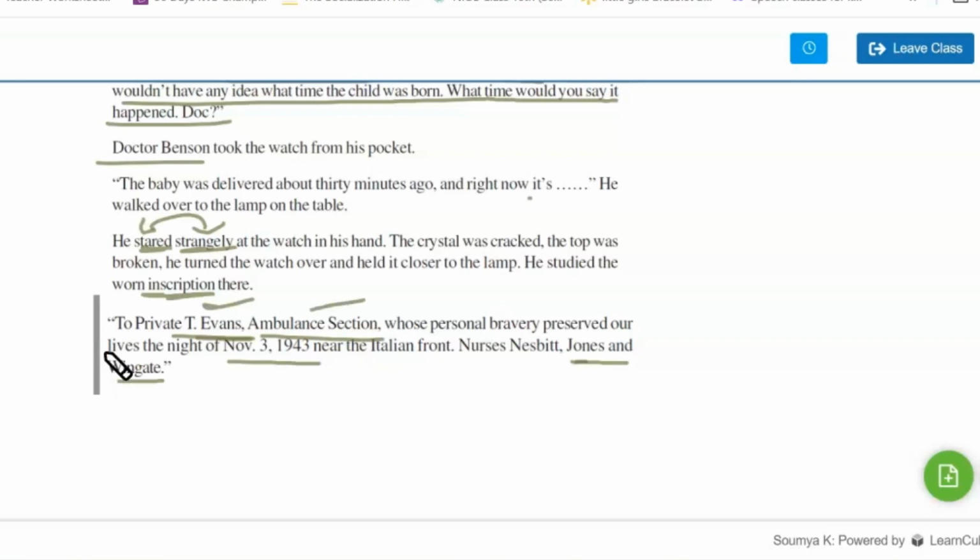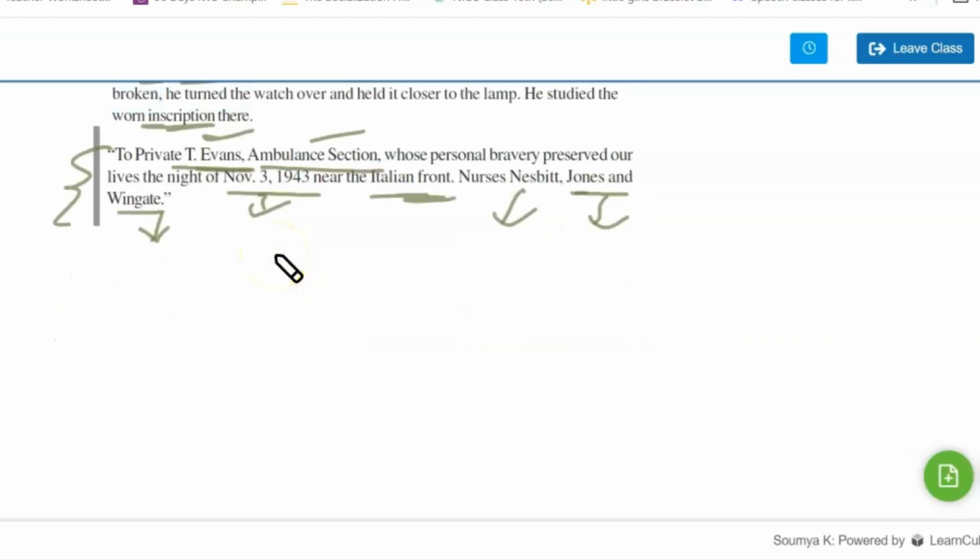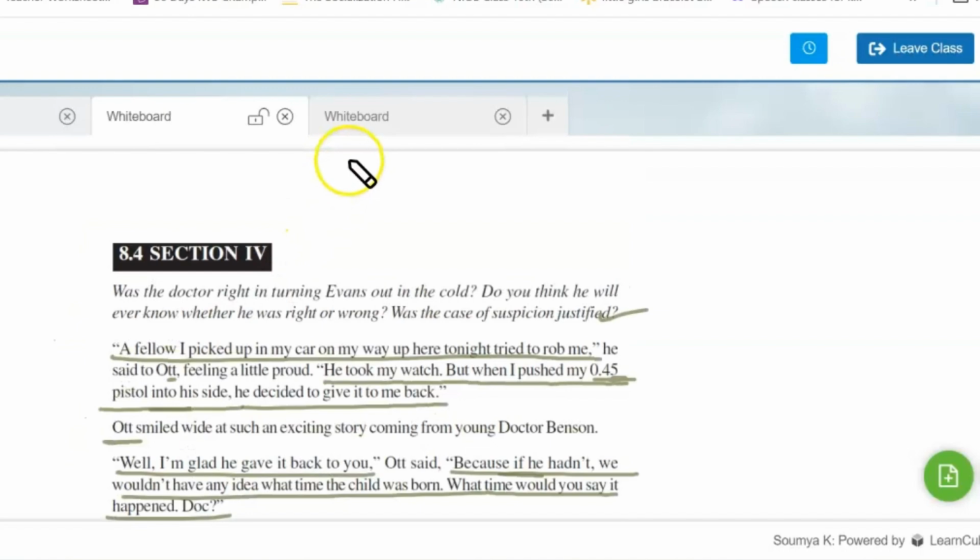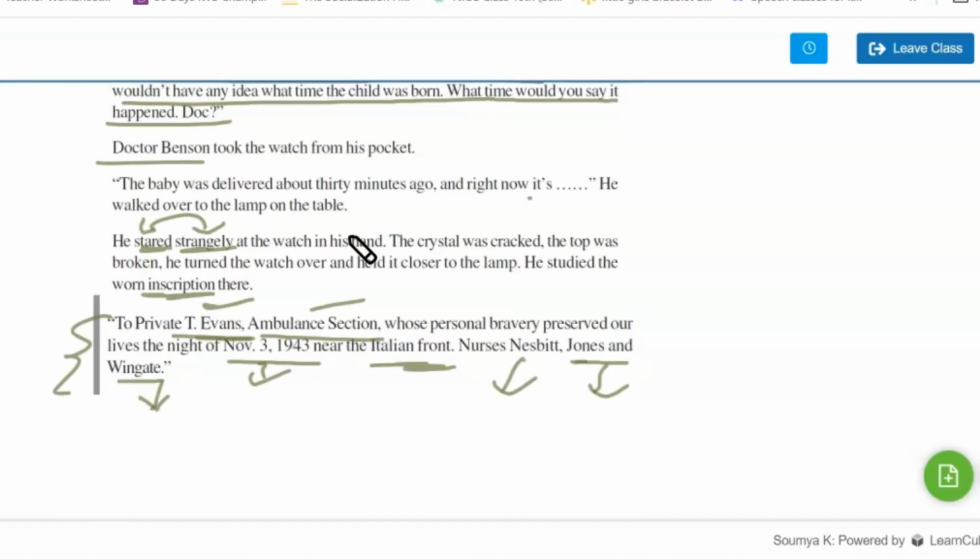And what is the matter that has happened on November 3, 1943, near this place? Nurses Nesbit, Jones, and Wingate have gifted this to this person for that. So this is what the doctor finds out. So section 4 is done with this information.